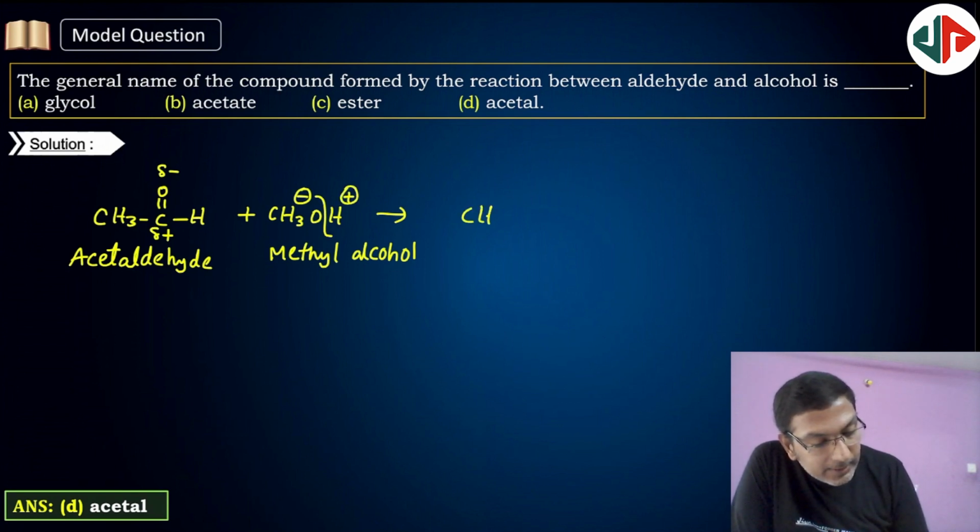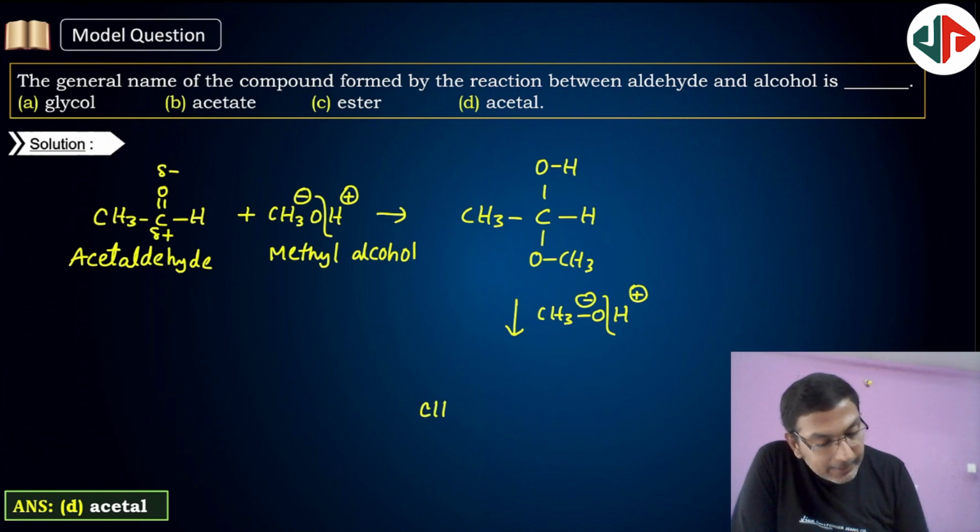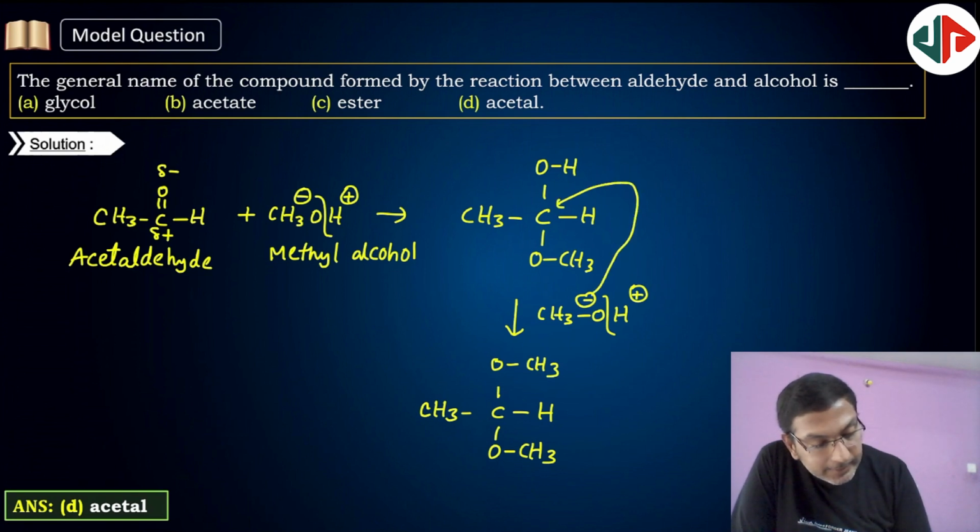First add 1 mole: this becomes OH, H and here OCH3. Next take a second mole of methyl alcohol, again minus and plus. Here it gives CH3, H, OCH3 and here also OCH3.